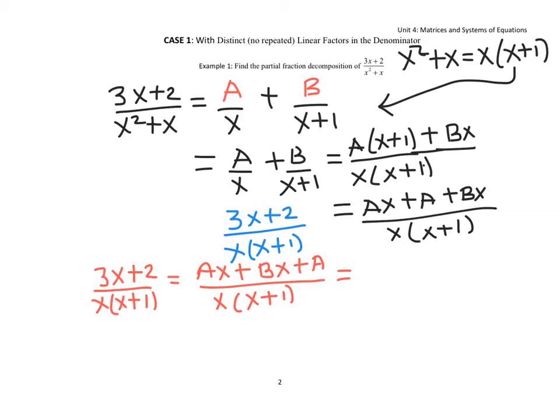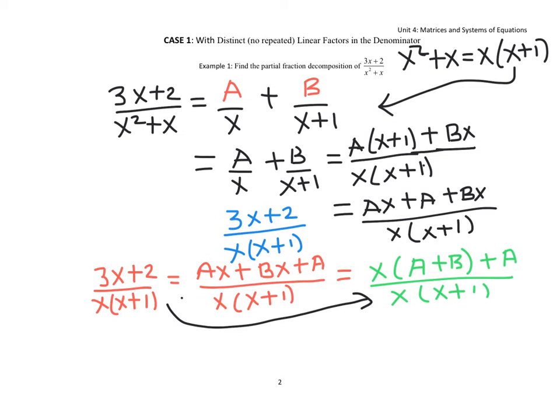And then I'm going to go one more step. I'm going to factor the x out. So x times a plus b plus a over x times x plus 1. And since we can see that if you look at these two equations, the denominator is the same, it means I can equate the numerators.